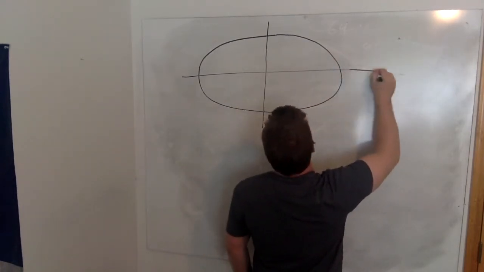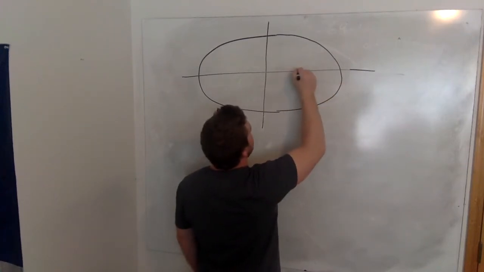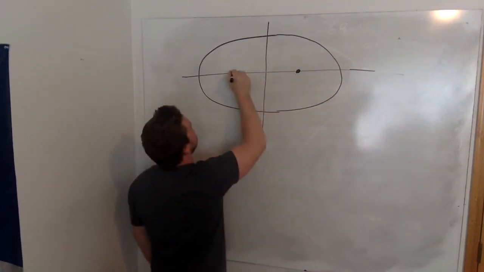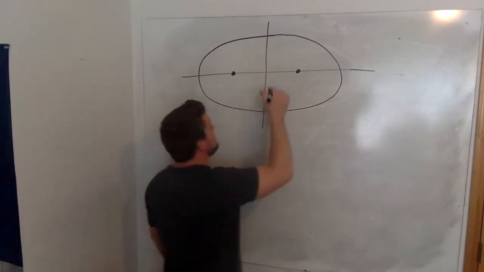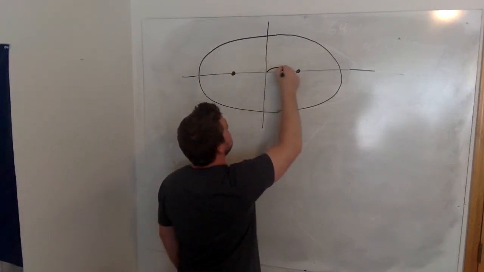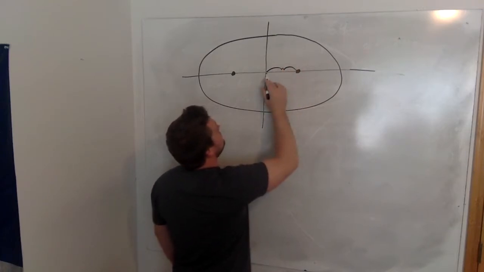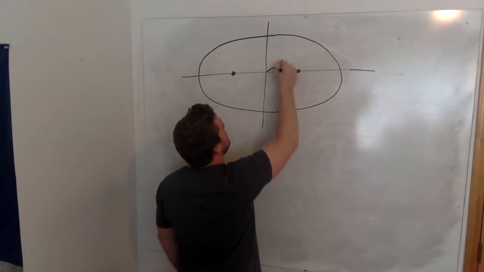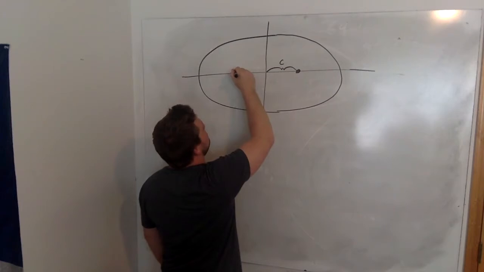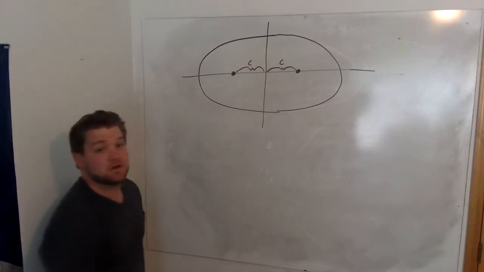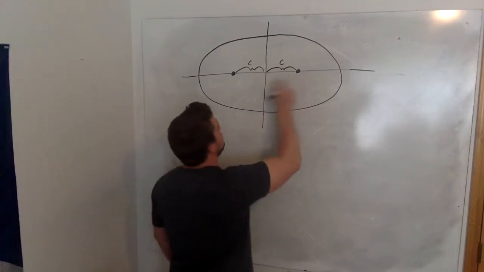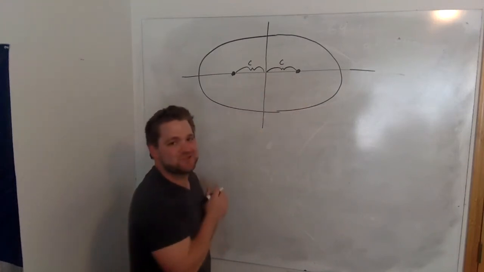So we have two foci. Here's one. Here's another one. Okay, and in the video, remember that we said that the distance from the origin to a focus is c, which means that this distance here is also c. So let's write the coordinates of these two foci.